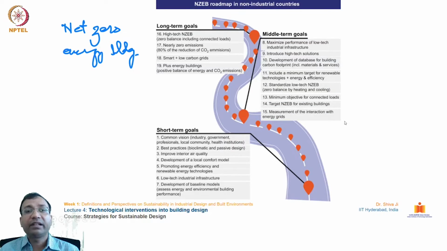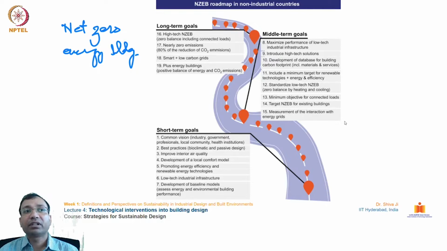So how can these green things be achieved? We have discussed earlier that net zero energy buildings are the concept where a building can go independent of the national grid or state grid and generate its own power for meeting its own demands.